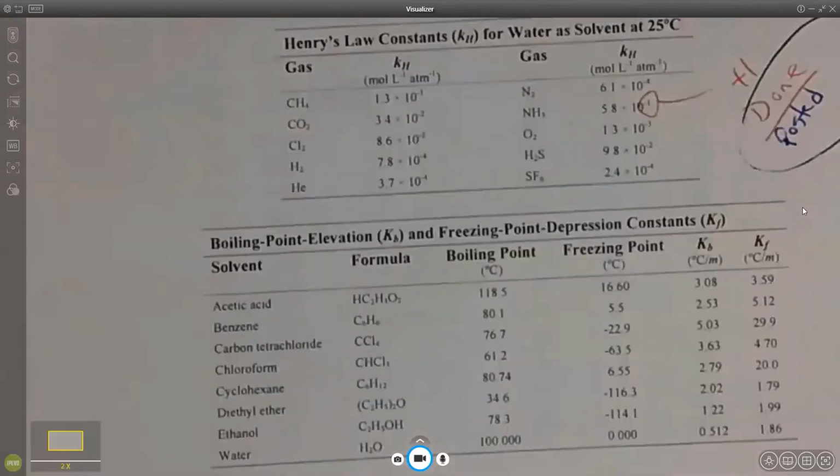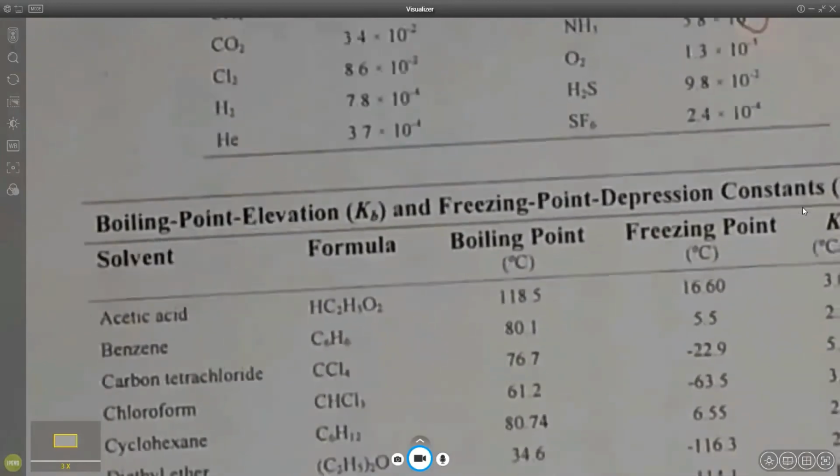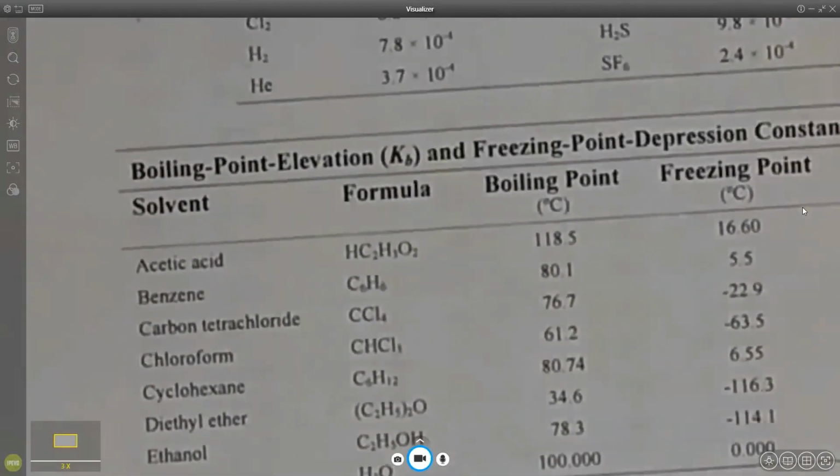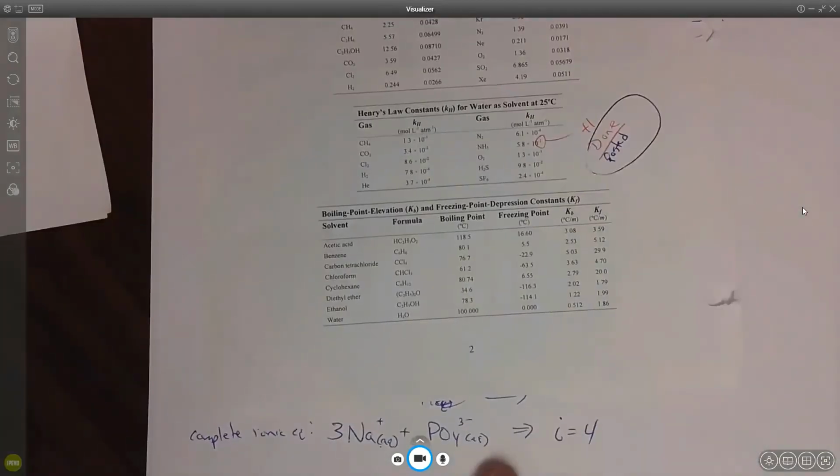So what is that value then? There we go.